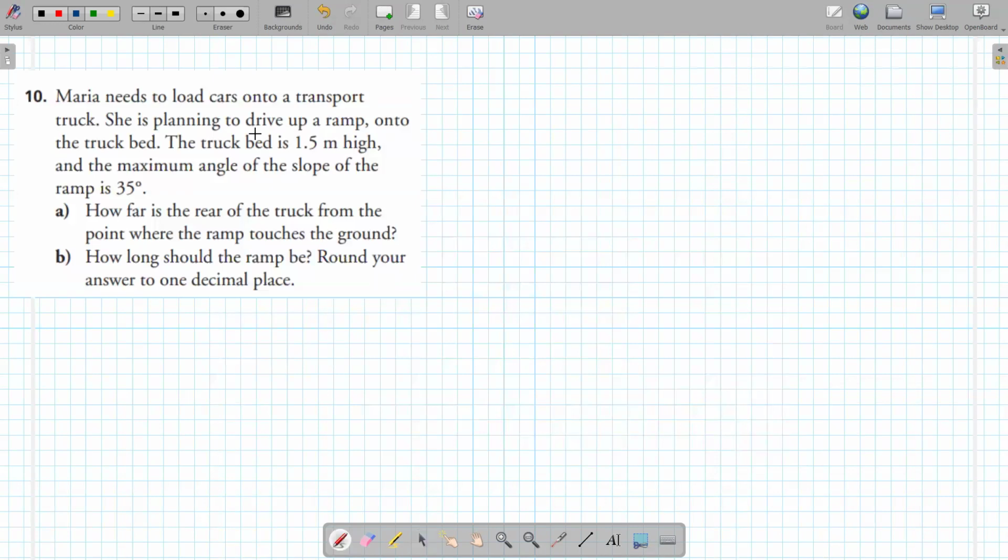So she's loading stuff onto a truck and she has to drive up a ramp. So you know there's gonna be a triangle. This is the ramp, right? The truck is probably somewhere here, and you're trying to load stuff up into the truck. The truck bed is 1.5 meters high.